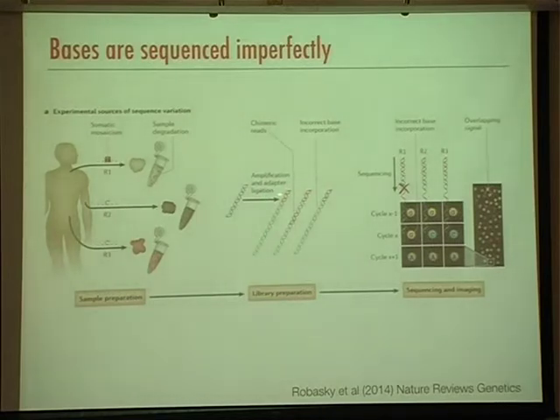During these adapter ligation steps, you can have odd joinings of the short reads into what are called chimeric reads. So we might have pieces of DNA that are not actually contiguous with each other becoming joined together. During the amplification, if it's a PCR amplification, there might be a misincorporation of a base during that step.